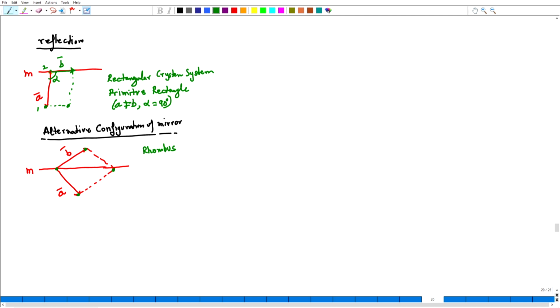So, this will take a little bit more analysis. Let us graphically show in a separate diagram. This is my unit cell, the diamond shaped unit cell or rhombus, in which a rhombus has all the sides which are equal, and let us draw a few more adjacent unit cells.